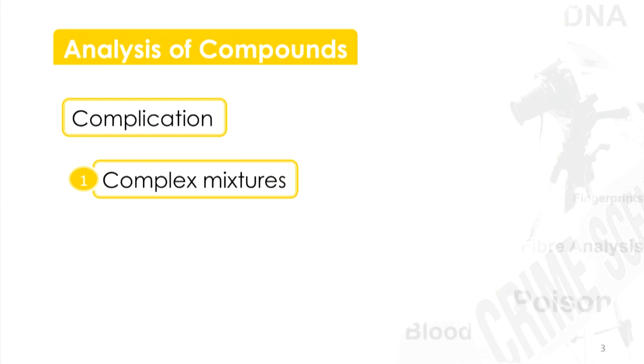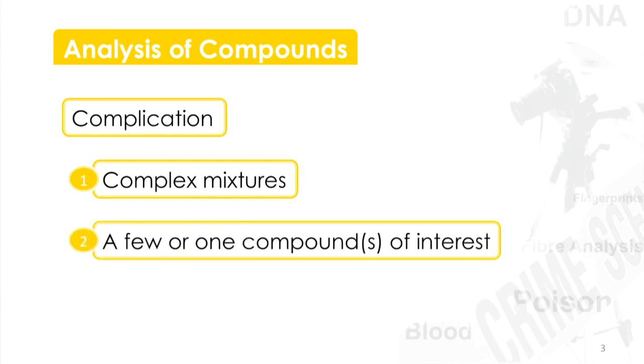They're quite supposed to be there. Urine, for instance, contains all the byproducts of our metabolism. And the forensic scientist will be analyzing that very, very complex mixture for maybe just a few or even one compound that is of interest.